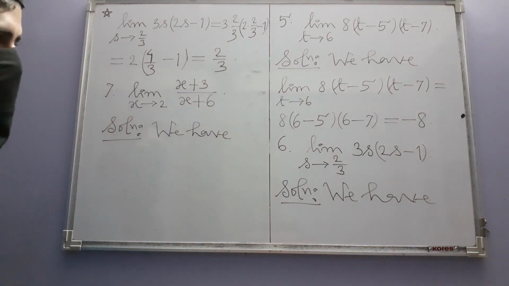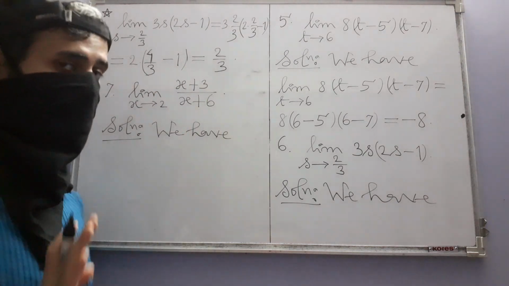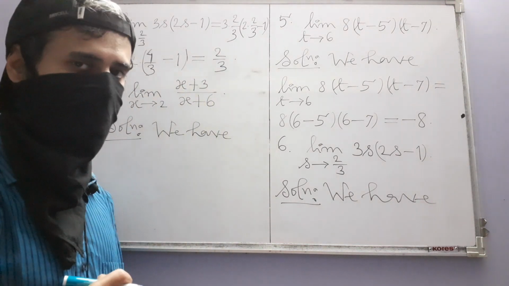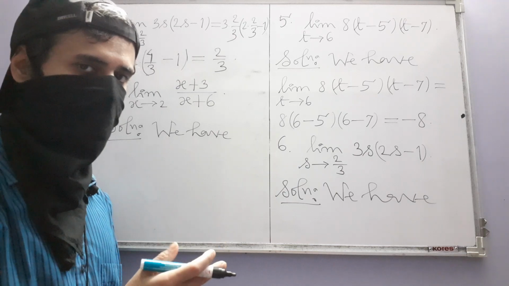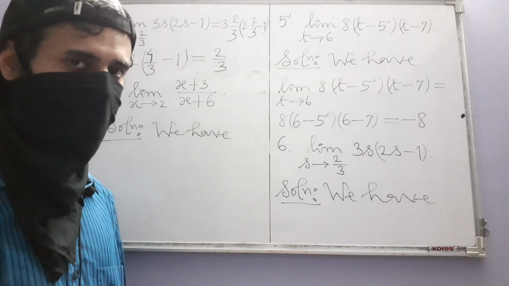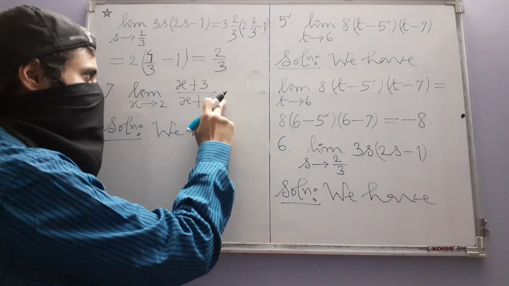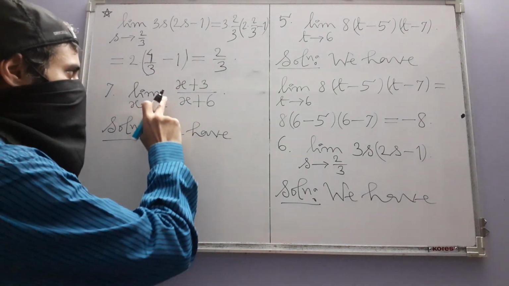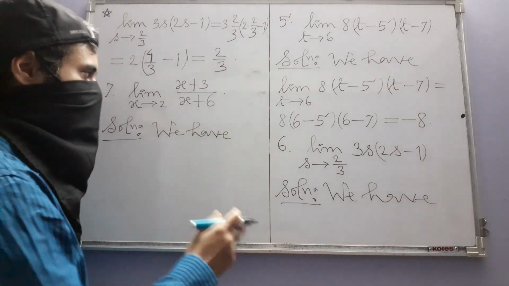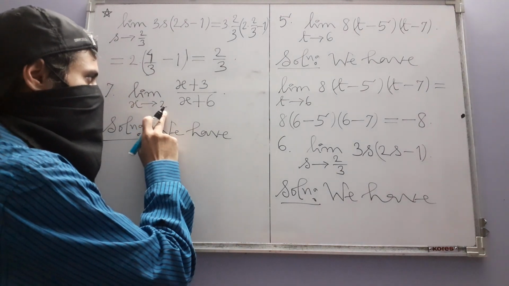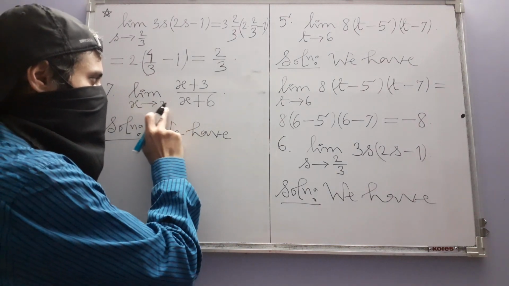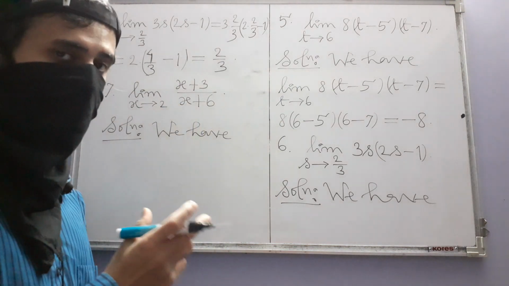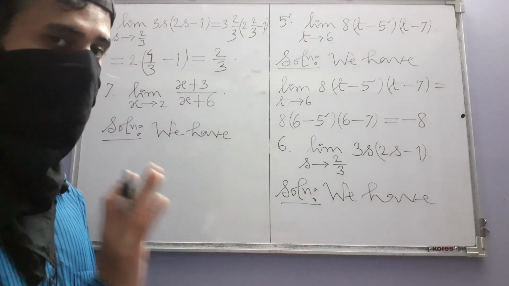Okay, now here this is no longer a polynomial, but this is a rational function. But for such functions also we have seen how to calculate limits. Rational functions are quotients of polynomials and their limits can be calculated at some point, provided that when you substitute that point in place of x in the denominator polynomial, the value is non-zero.